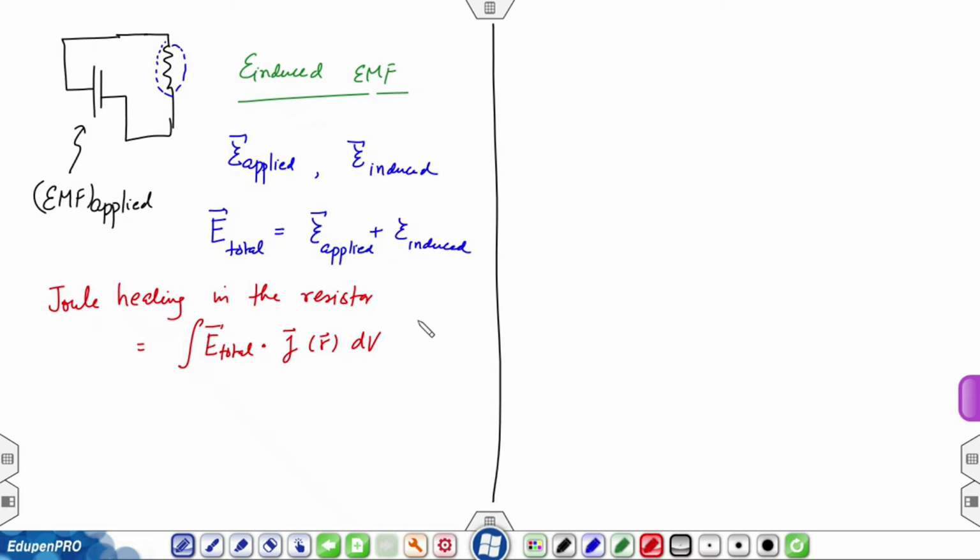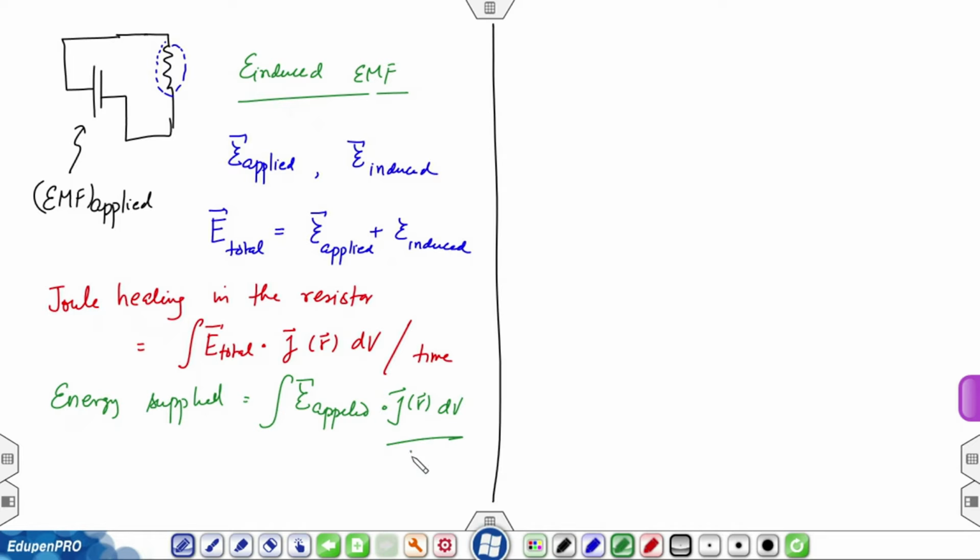This is Joule heating rate per unit time, and the energy supplied is going to be equal to E applied dot J R dV per unit time.